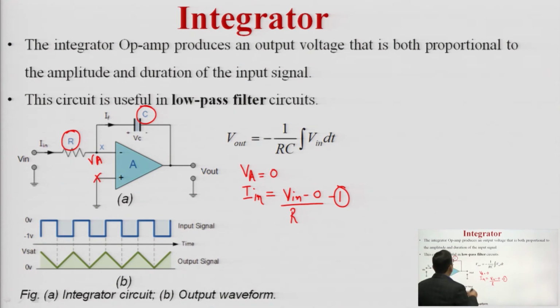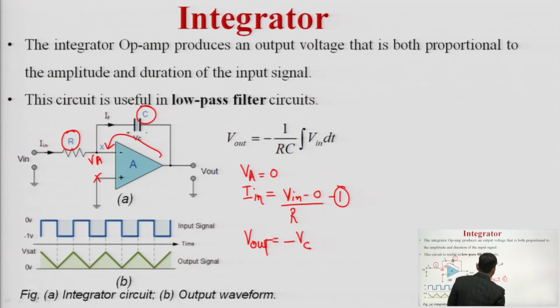After that, if we apply KVL in this particular loop, then we have V out equals minus VC plus VA, but VA is equal to 0 because of the virtual ground. So VC is the voltage across the capacitor.